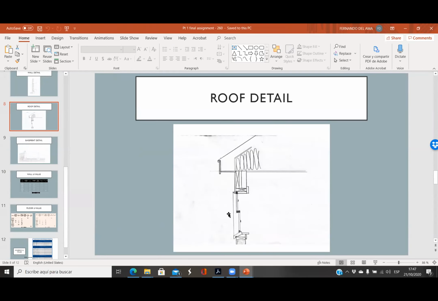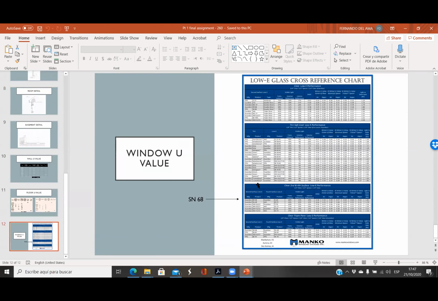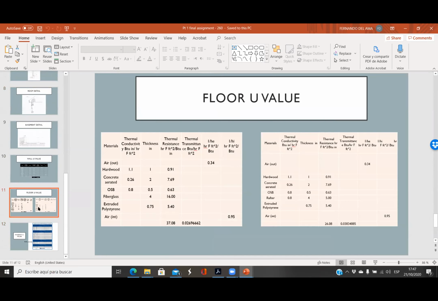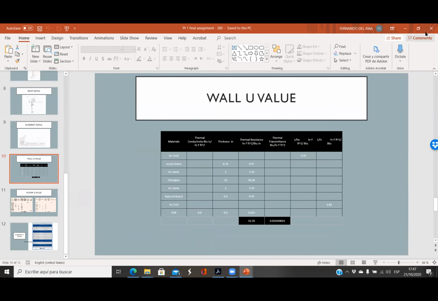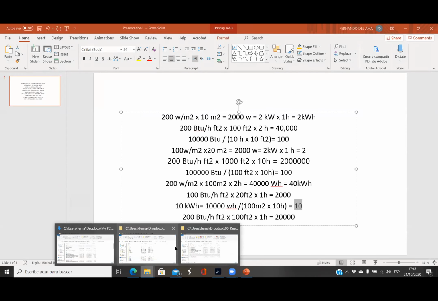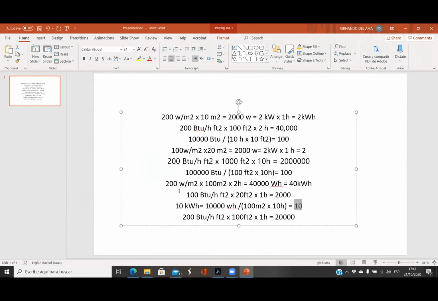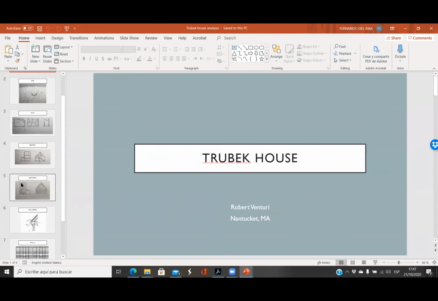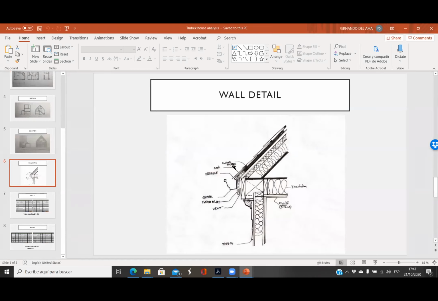So I'll help you out with this detail, with the connection between the wall and the roof. And you have selected another U value. Okay, great. Well, I think we are almost done. We have this. Okay, that's pretty good.